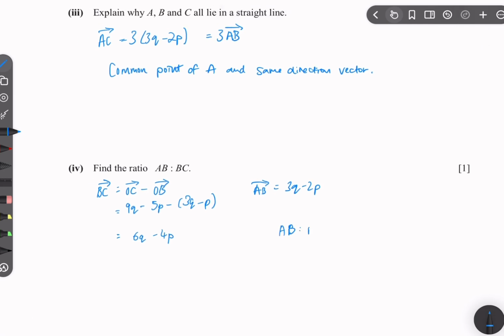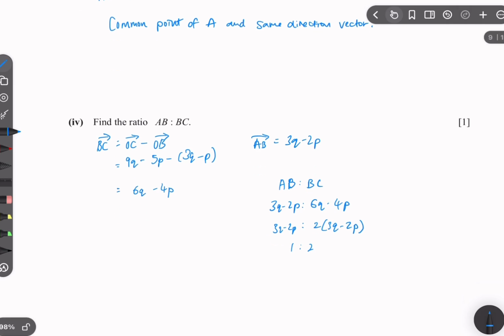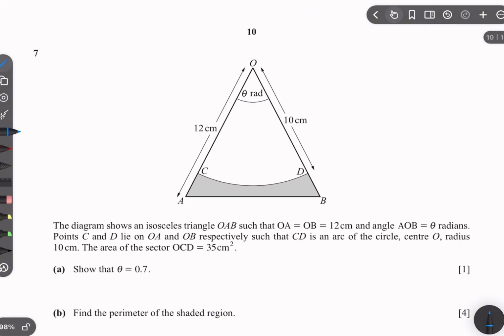Okay, so we can find the ratio now. The ratio will be 1 to 2 when you take 2 out as a factor for BC. So this is the final answer.